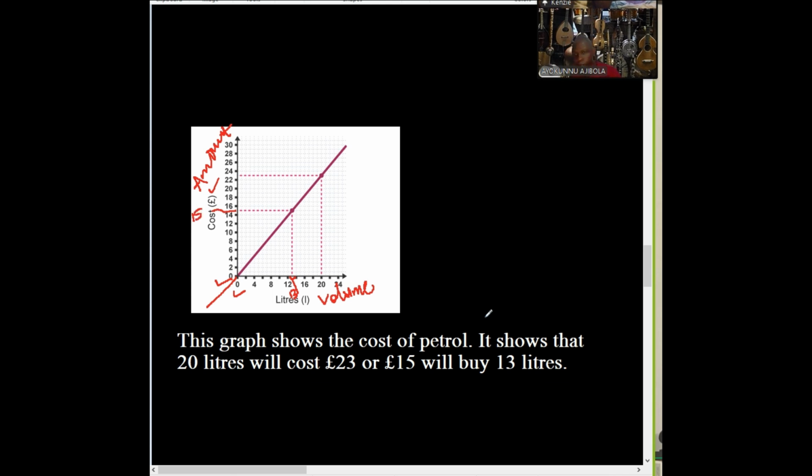Then the other one that we can see here, 20 liters will be purchased for around 23 pounds. So here we have 23, then here we have 20 liters. So that is an interpretation.